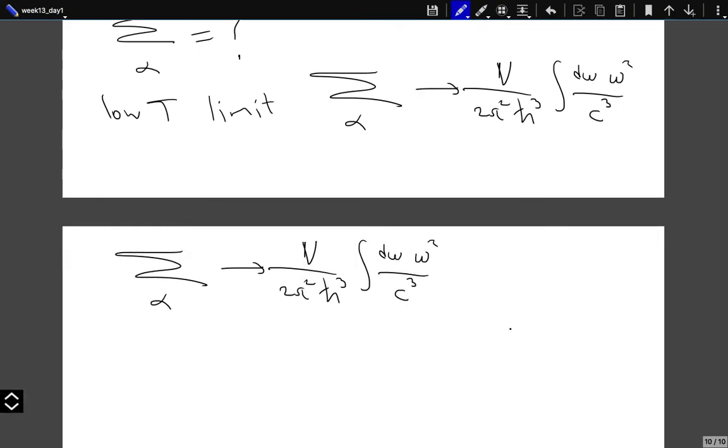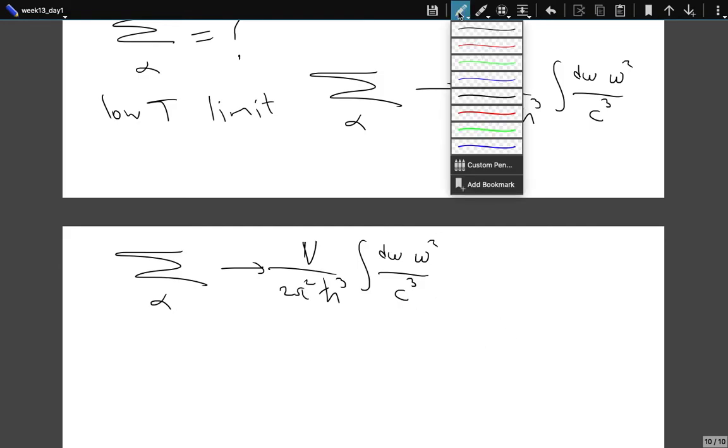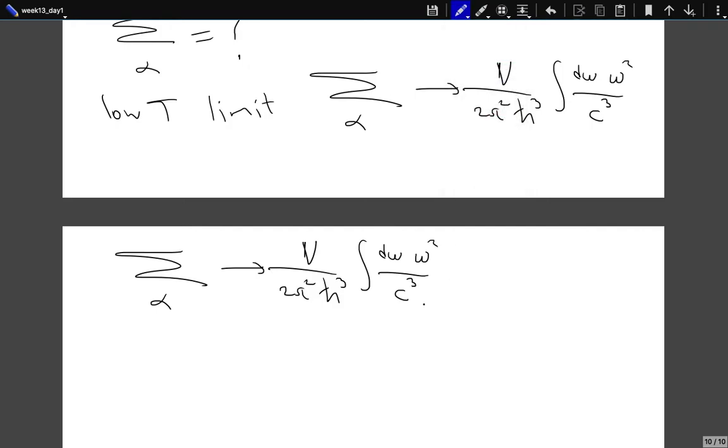First of all, there are 3 polarizations for the sound wave, not just 2. And these polarizations can have different speeds. So on one hand, I have a longitudinal polarization. I can get a longitudinally polarized photon.